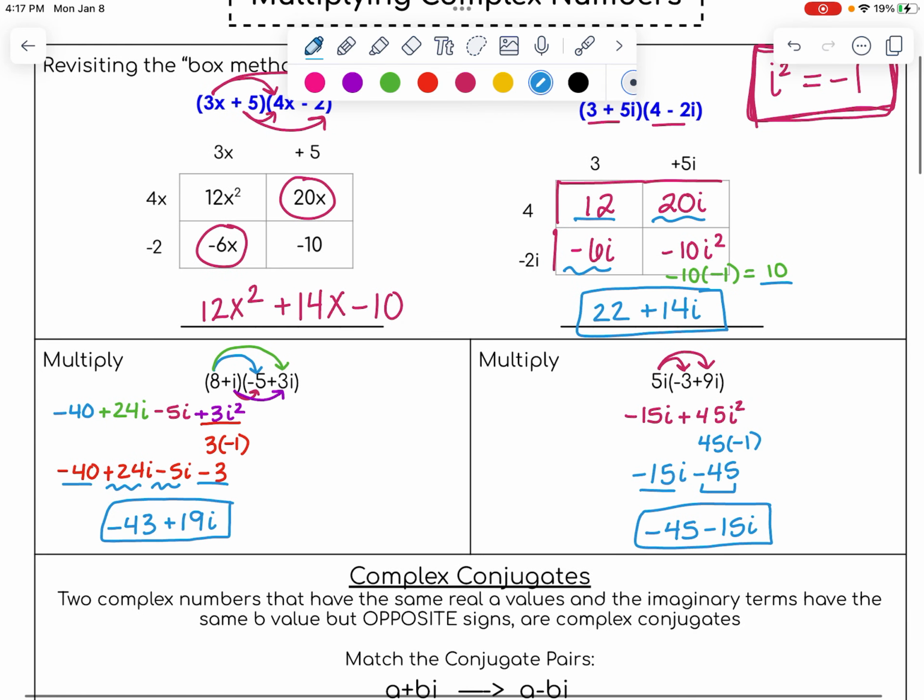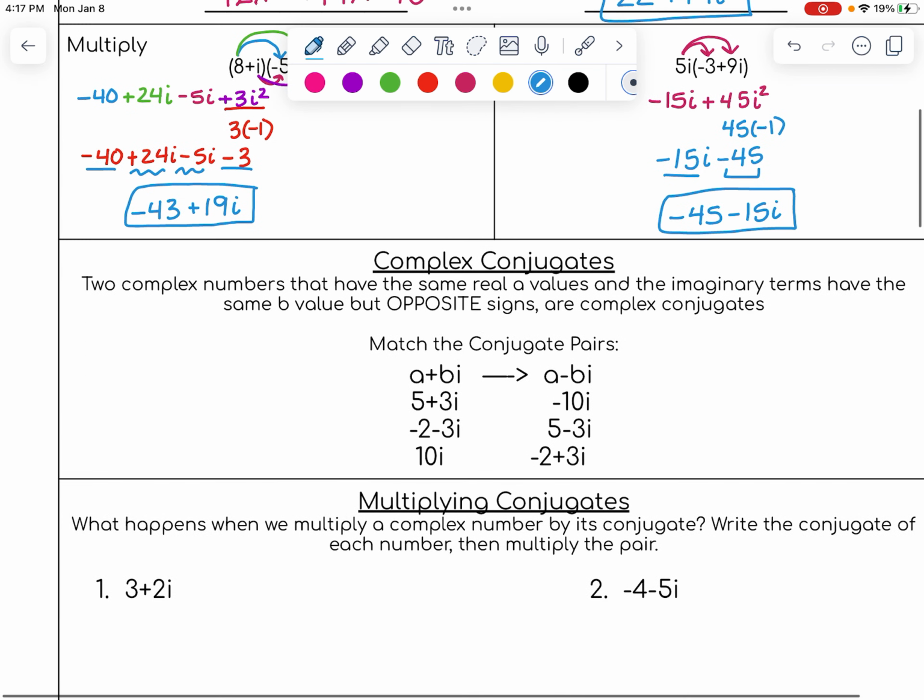All right, now when we're talking about multiplying complex numbers, one topic that comes up is complex conjugates. So a complex conjugate would be two complex numbers that have the same real a values. So they have the same a, and the imaginary terms have the same b value but opposite signs.